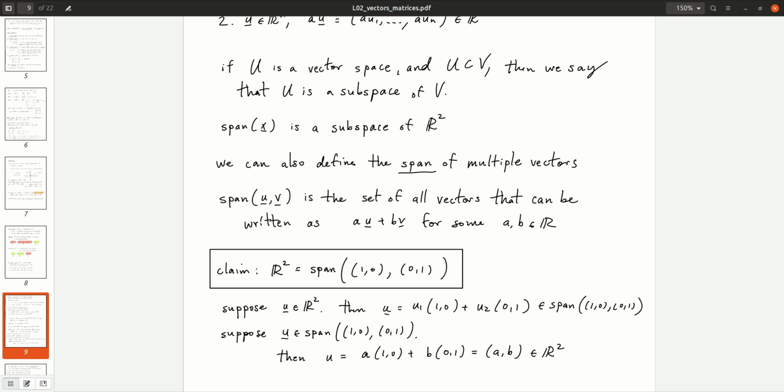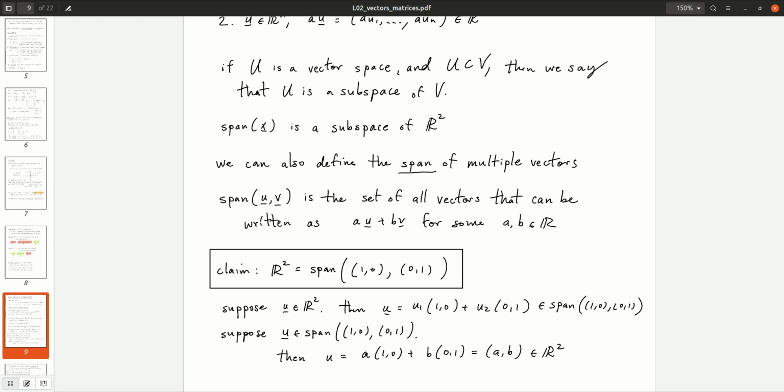So if we have two vectors u and v, the span of u comma v is the set of all vectors that can be written as some scalar a times u plus some other scalar b times v, where a and b are both real numbers. So a span of multiple vectors is going to be a linear combination of the vectors that define the span, and it's going to be a set of vectors.